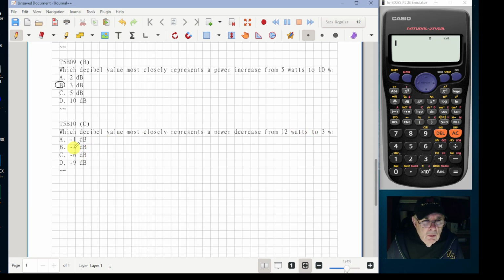The minus means that we have a loss or decrease rather than an increase. But if we go down 12 by half, we get to 6 watts. If we go down half again, we get to 3 watts. So what's 2 times a negative 3 dB? Negative 6 dB. Okay, great.